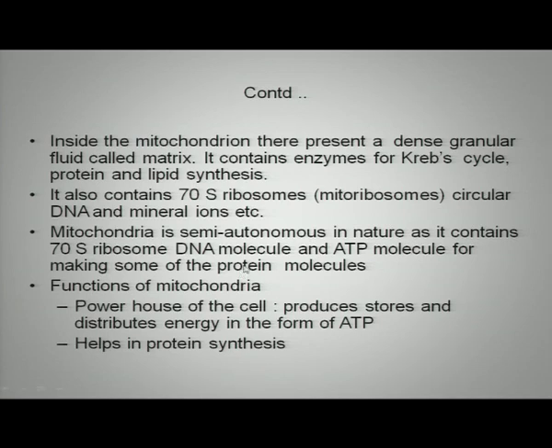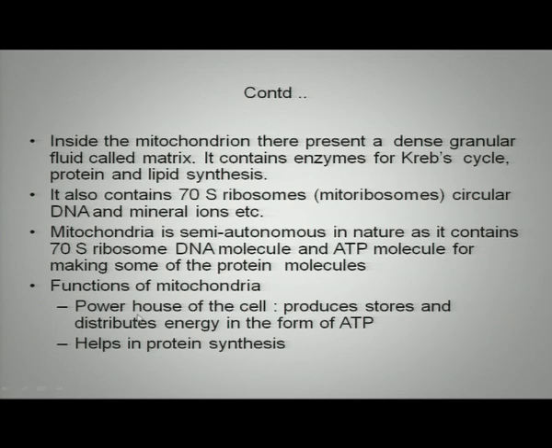Since they make their own proteins meant for replication of DNA, it is known as a semi-autonomous organelle or a self-replicating organelle. Now, coming to the functions of mitochondrion.